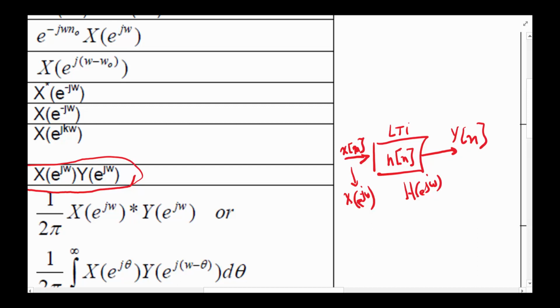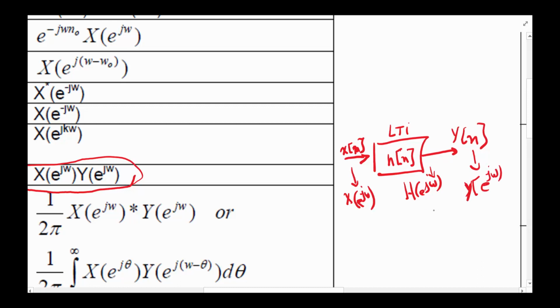The names are about the same, so this will be called the transfer function. This will be called the Fourier transform of the input. The Fourier transform of the output would be capital Y of e to the j omega.